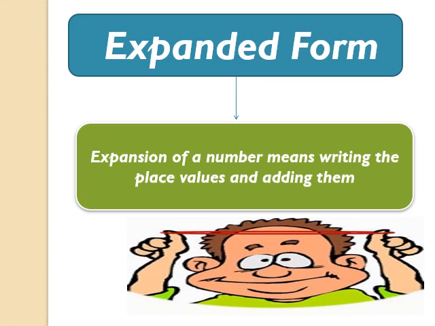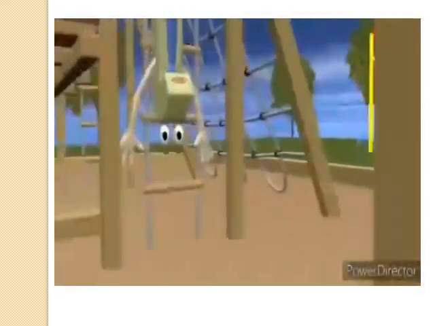Expand means to stretch something, to make something enlarge. Here, expansion of a number means writing the numbers according to their place value and then adding them. We are going to understand how to expand a three-digit number.